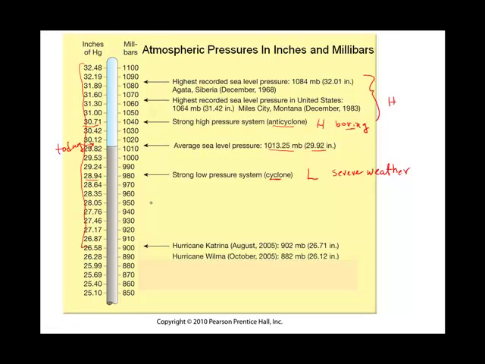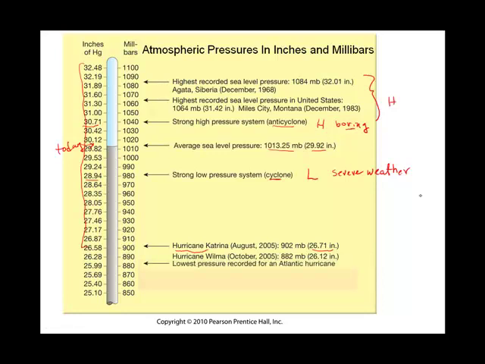Notice that hurricanes, and to a lesser extent tornadoes, because they're so fast, are gauged by how severe, what sort of damage or intensity they have, with regard to their pressure. They have a very low central pressure. So 26.71 inches of mercury will scare meteorologists as far as the intensity of a hurricane.